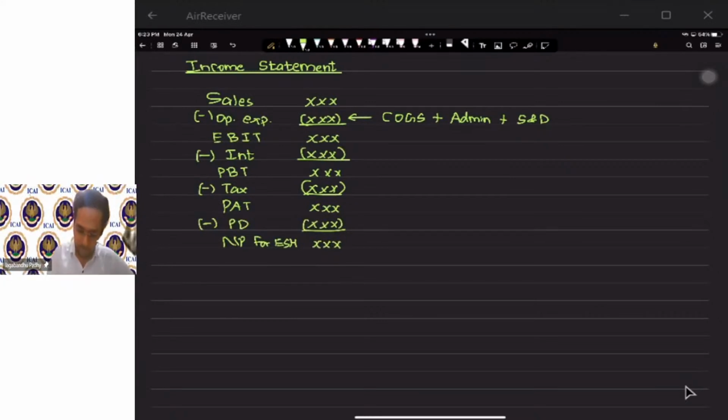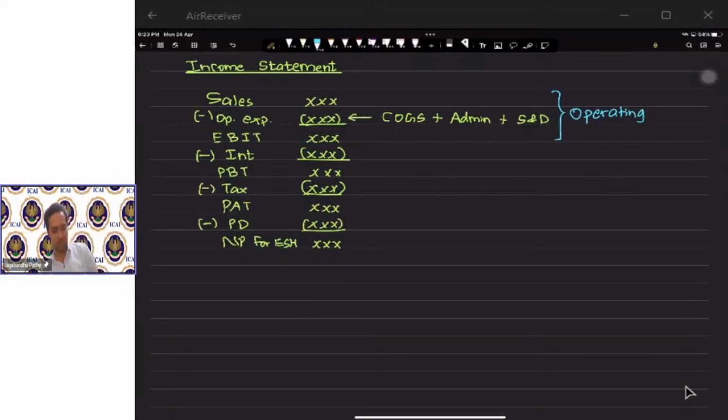Understand that this portion, from sales till EBIT, is all operating. And after that, from EBIT till net profit for equity shareholders, it is financing. The first portion is operating, and the second portion is financing.